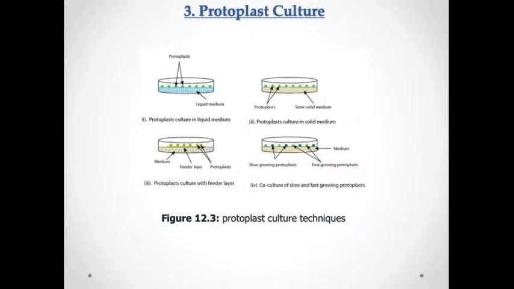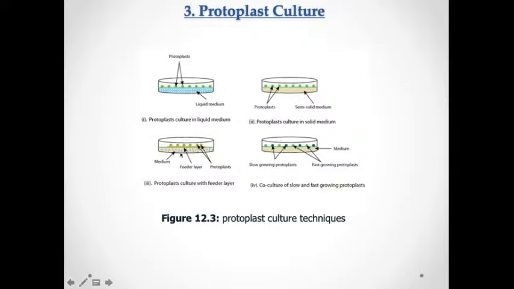So this shows the four different media that you use to grow your protoplasts. The first one is the liquid medium that we discussed recently. Protoplasts are growing on the top, and the bottom is the liquid medium. Then the solid medium, the agarose medium, which they prefer: you have protoplasts and semi-solid medium at the bottom.